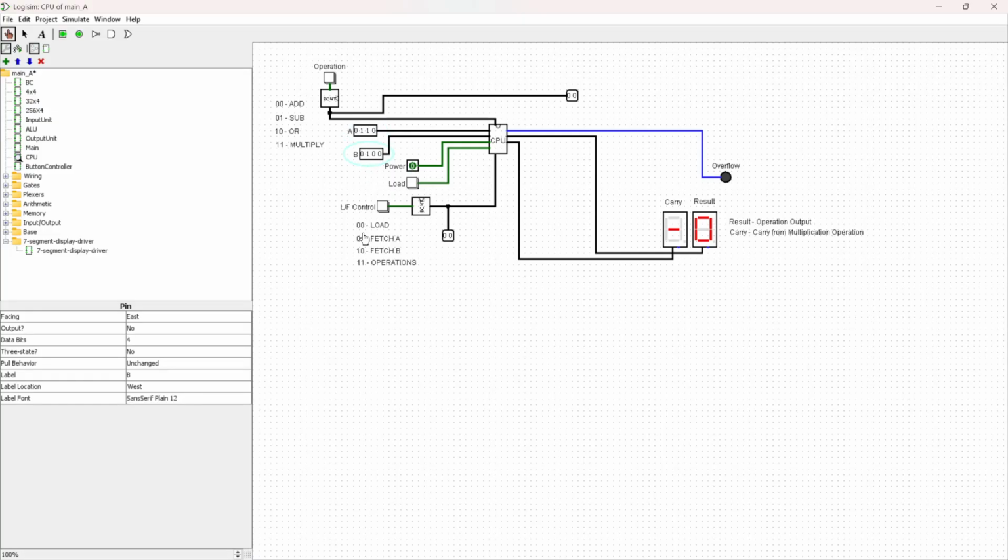Okay, we can power up, load the value, and then check the LF. So yeah, it's 6, then 4. Then the expected output is 10. But the 7 segment display will display in decimal terms. So 10 in decimal terms is A. So we check. Yeah, it outputs 0A, which means 10.